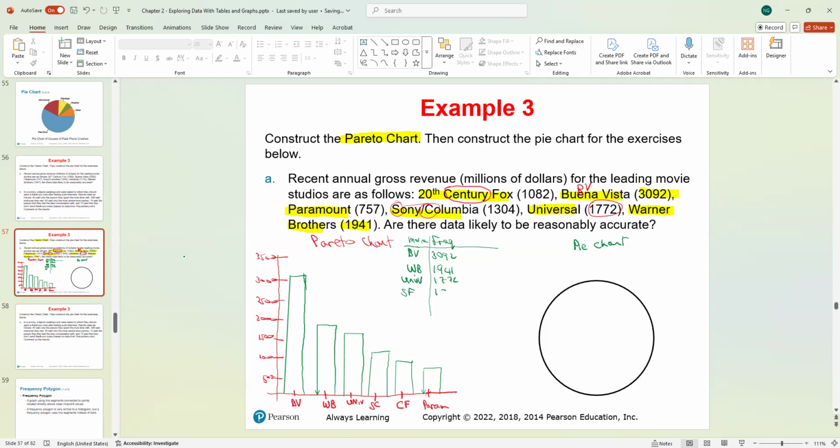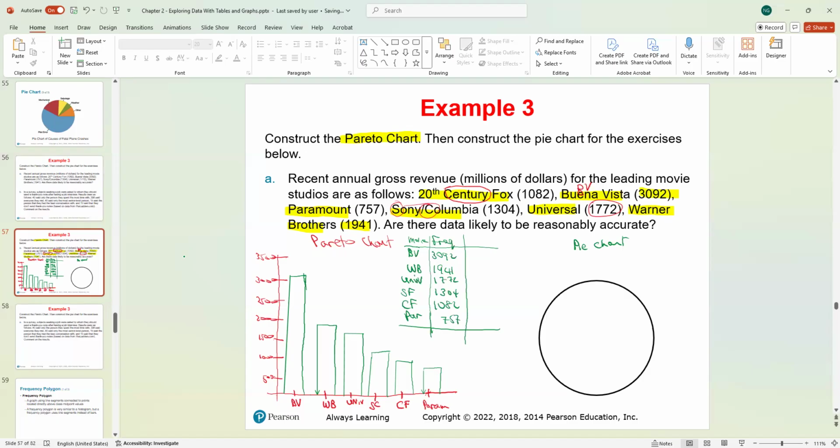It's 1304. What next? We have Century Fox, CF for Century Fox. It's 1082. And we also have Paramount. It is 757. So remember, those are the frequencies, but my goal is to find the relative frequency.